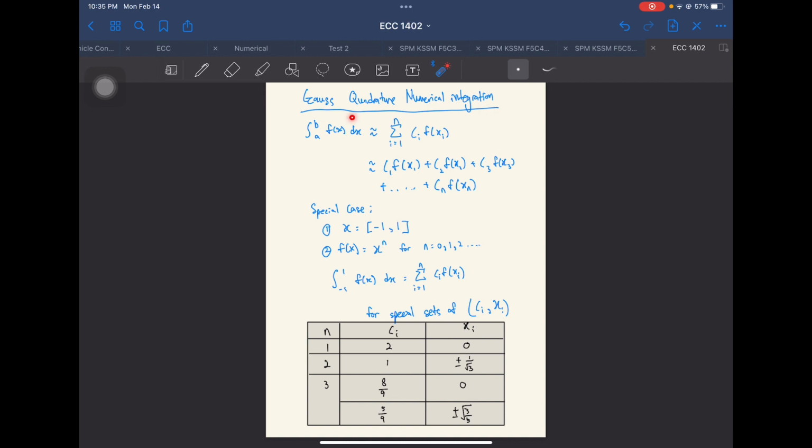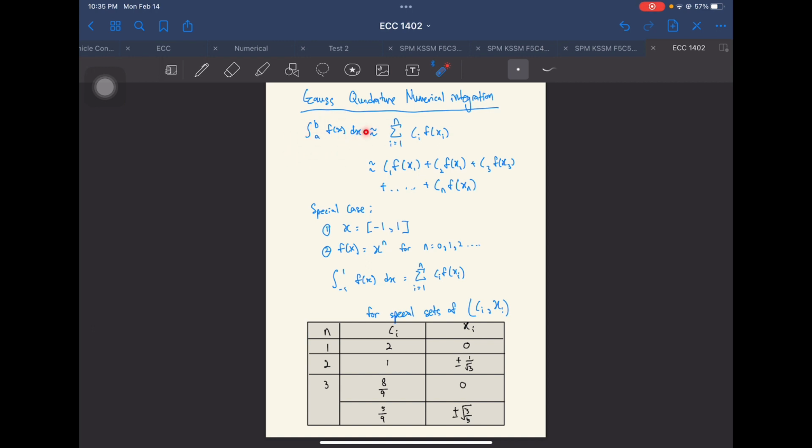This is basically to approximate the area under a curve of a given function. So if you are given limit a to b and the function f(x), integration of it, meaning this is the area under the curve, right?